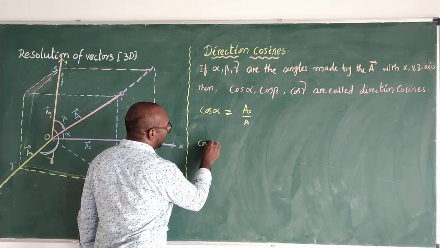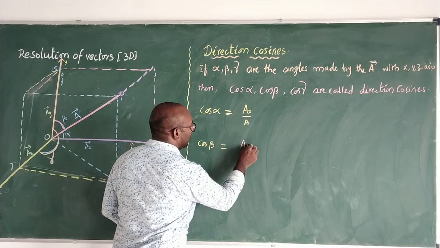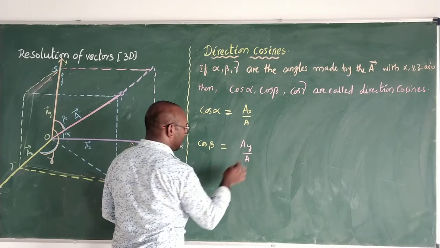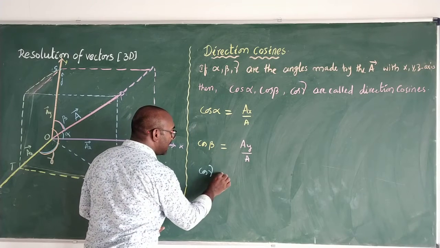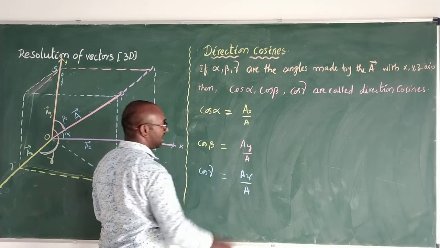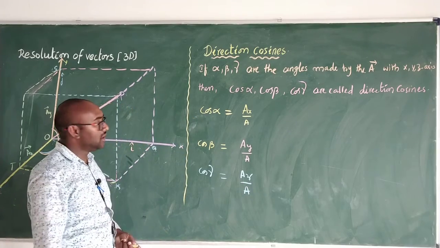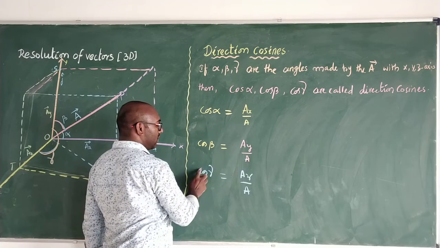Similarly, cos beta is equal to Ay by the magnitude of A vector. And similarly, cos gamma is equal to Az by the magnitude of A vector. So cos alpha is Ax by A, cos beta is Ay by A, cos gamma is Az by A.